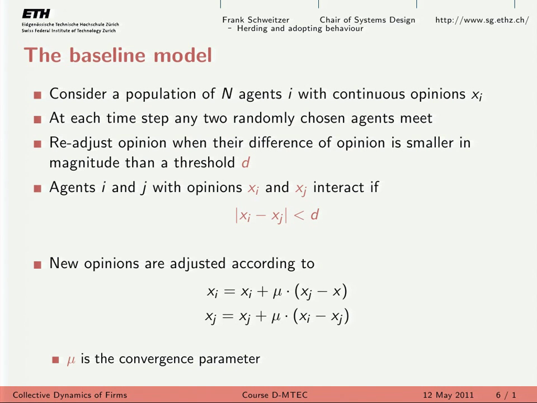We could add the time steps there, right, Alex? And so the change here depends on the difference of the two, and the mu is a kind of convergence parameter. If we choose 0.5 here, then it's a symmetric process. That means I change my x the same way as you change yours.